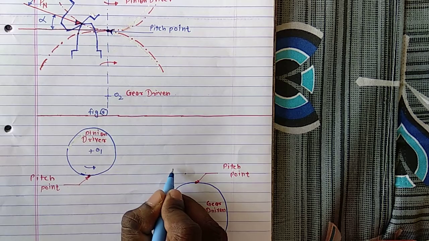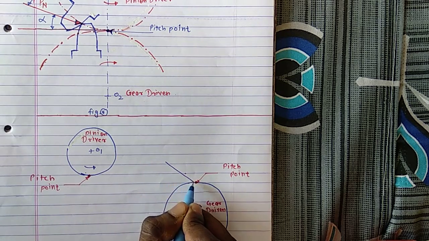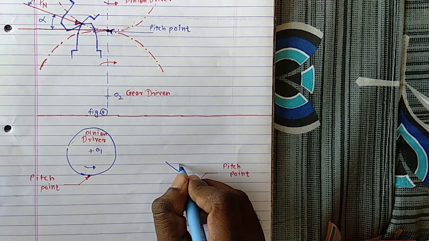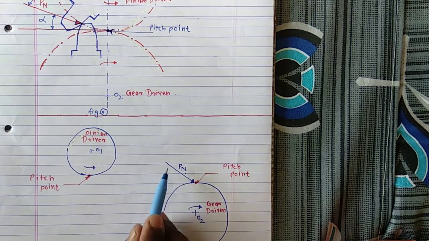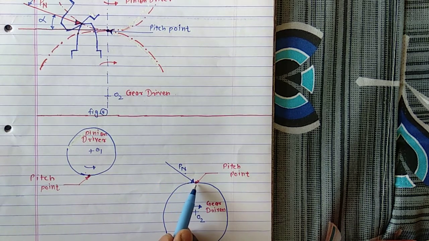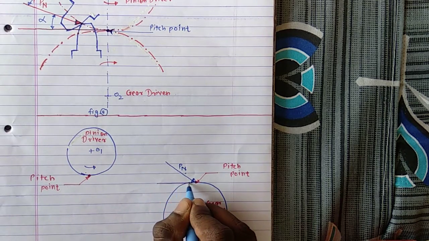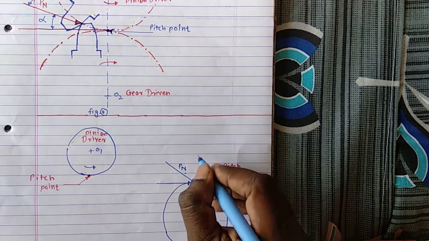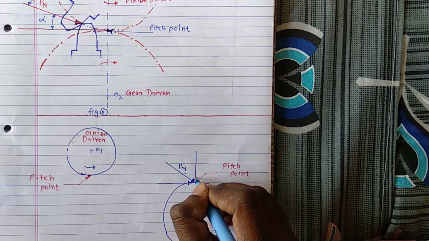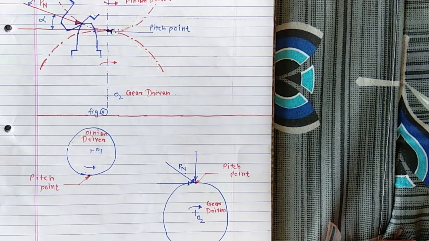This is the resultant force Pn, which is exerted by the pinion on the gear at the pitch point. Now this particular resultant force Pn is resolved into two components. The first one is a horizontal component, and the second one is a vertical component.